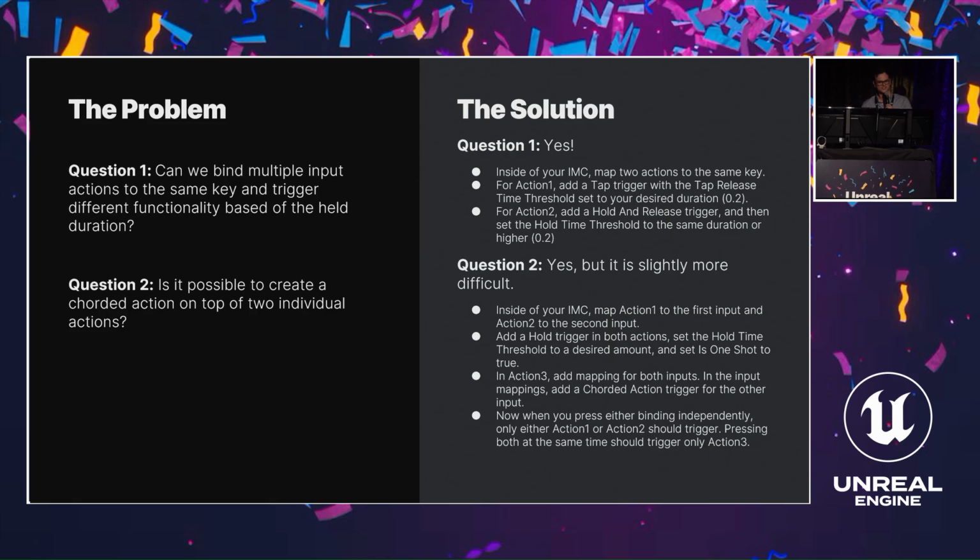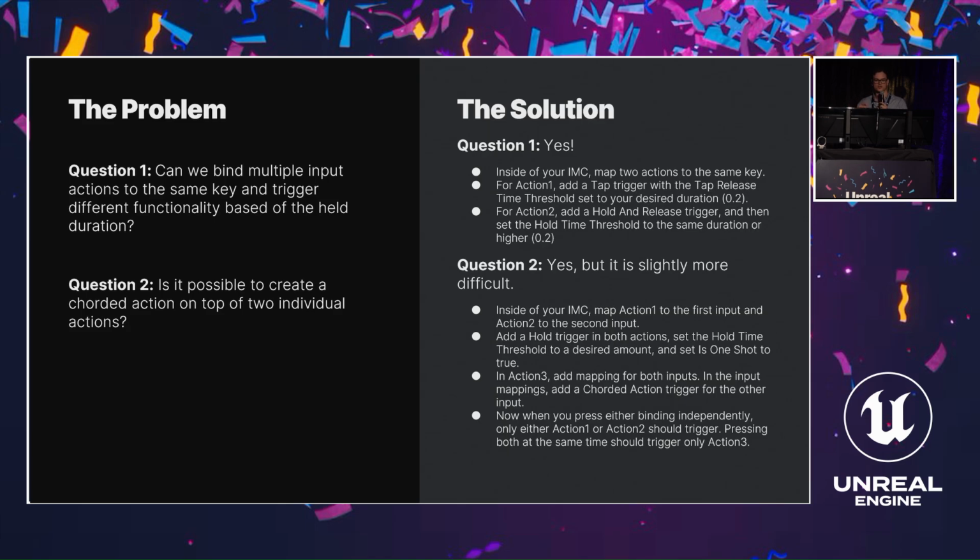The second question is, is it possible to create a chord action on top of 2 individual actions? And the answer again is yes, but it's a bit more complex. Inside of your mapping context, you could map action 1 to the first input and action 2 to the second input. You'd add a hold trigger to both actions, setting the hold time threshold to your desired amount and having is one shot be true. Then in your third action, you would add mappings to both inputs.